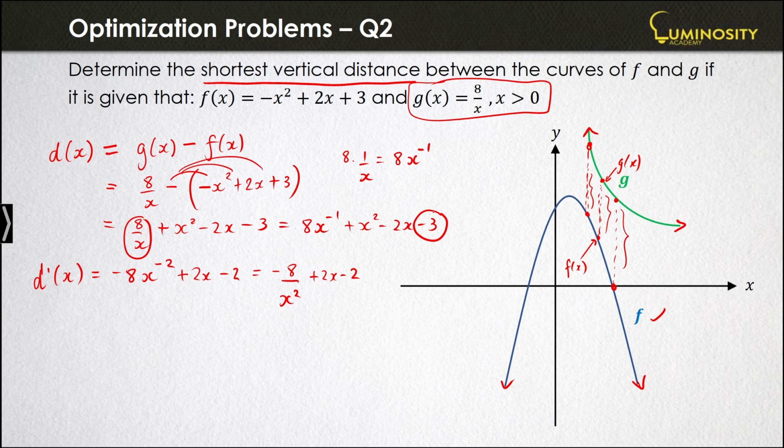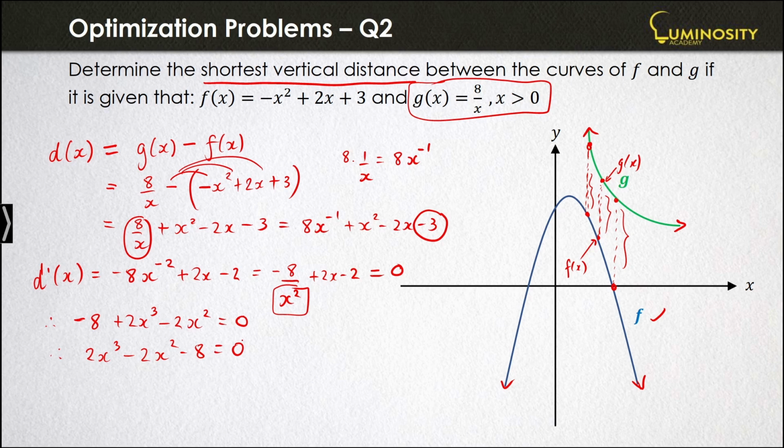Okay, so now we have the derivative of the distance function, and we want to set that first derivative equal to 0. So this x squared term here, I'm going to multiply on both sides. So I get negative 8 plus 2x cubed minus 2x squared equals 0. So I'll rewrite that as 2x cubed minus 2x squared minus 8 equals 0.